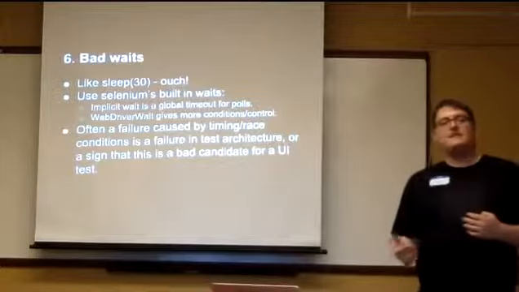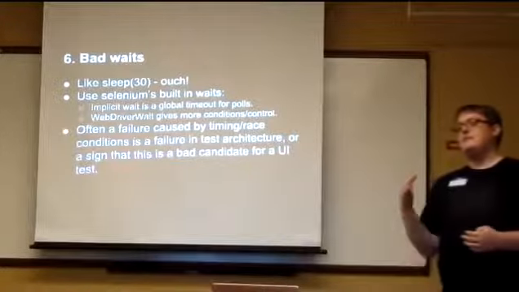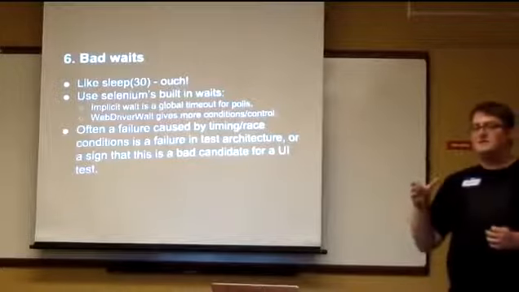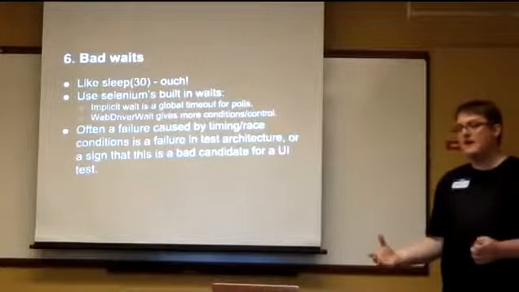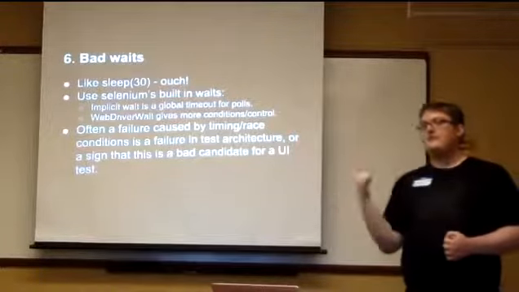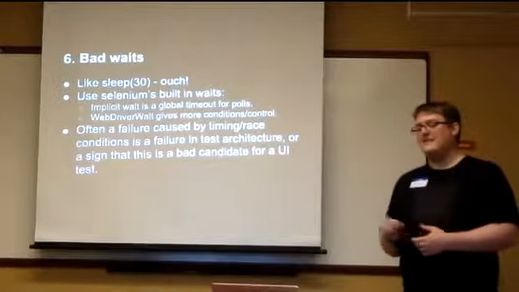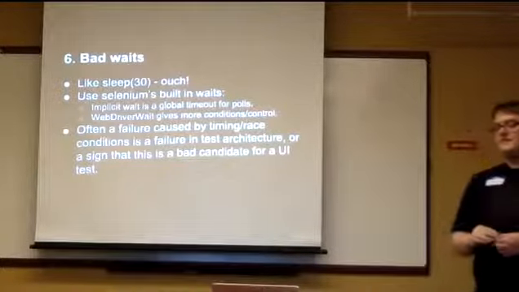So there's a misunderstanding about this. A lot of people think it puts a 30-second wait on every command. That's not true. It puts a 30-second wait on DOM interactions, like searching the DOM kind of stuff. If you already have an element located, it'll either return a stale element exception or it'll work. There's some other exceptions it could raise.